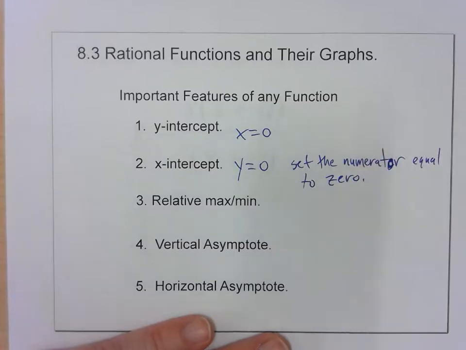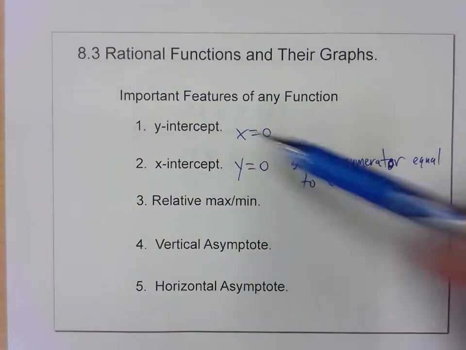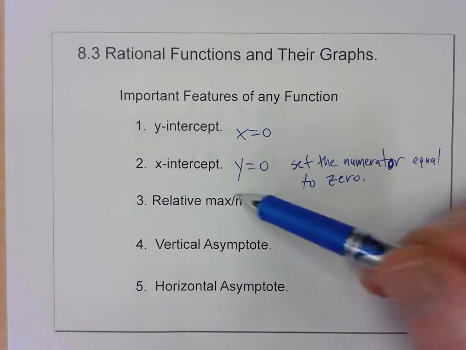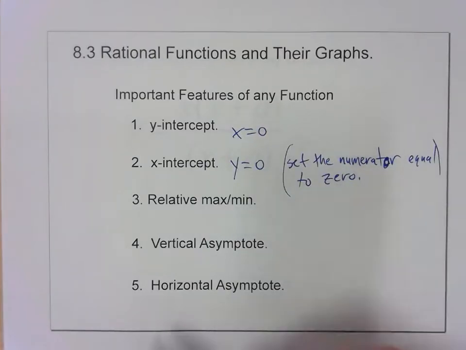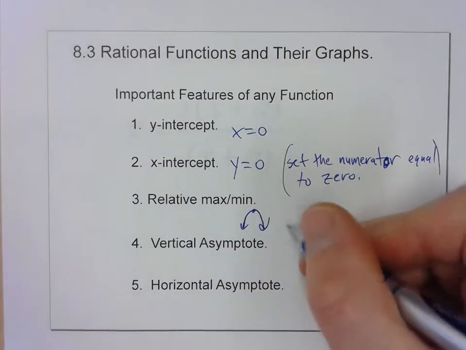That will do it. All right. So x equals 0 creates the y-intercept. y equals 0 creates the x-intercept, and we just set the numerator equal to 0, or the top of the fraction equal to 0. Relative mins and maxes are the places where the function turns.